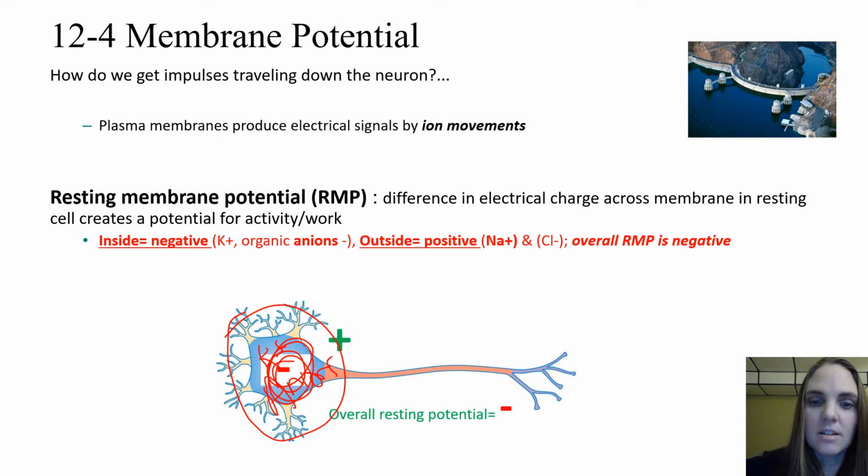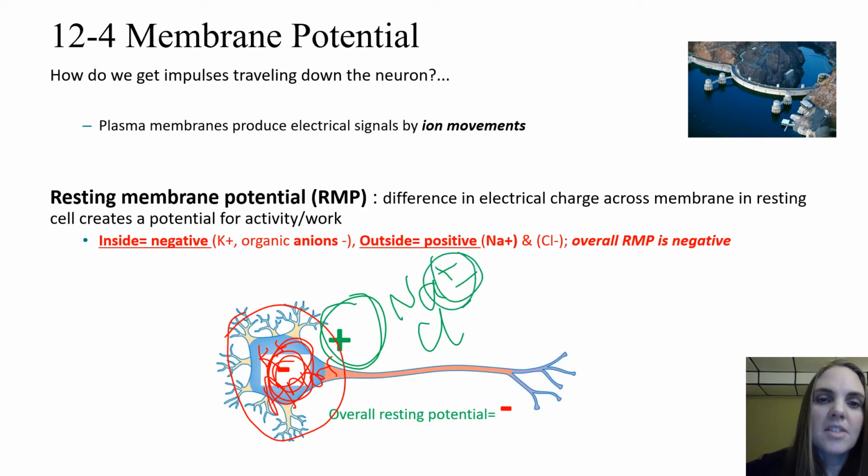Outside the cell, we have an overall positive charge. Outside the cell, we find lots of positive sodium ions and also some negative chloride ions. But overall, we've got that positive charge thanks to those sodium ions. So overall, inside, the charge is negative, outside the charge is positive. And I kind of remember this by looking at the letters within the cell.